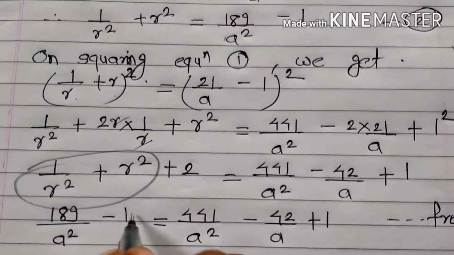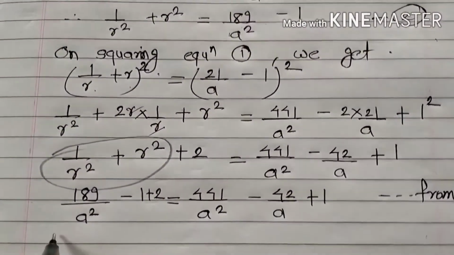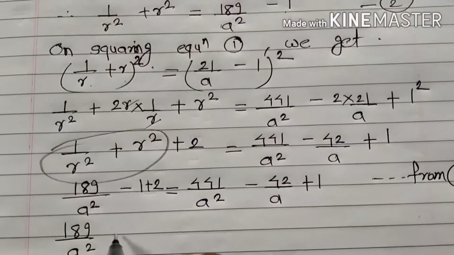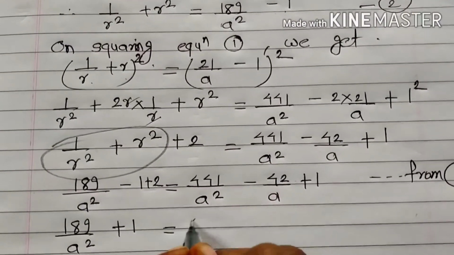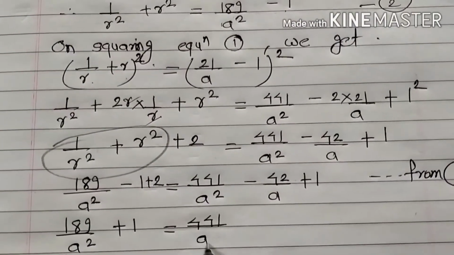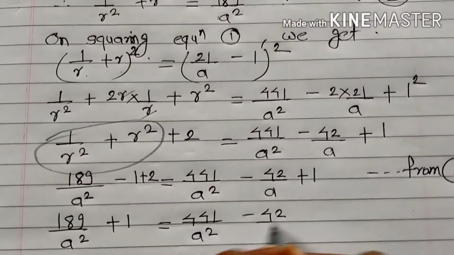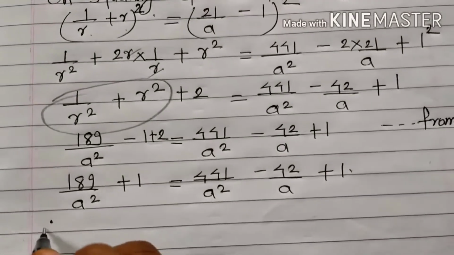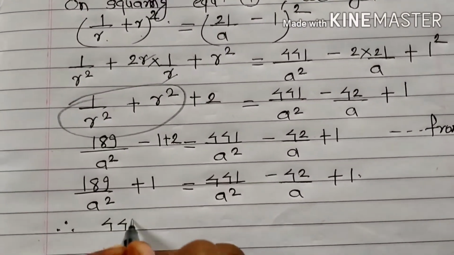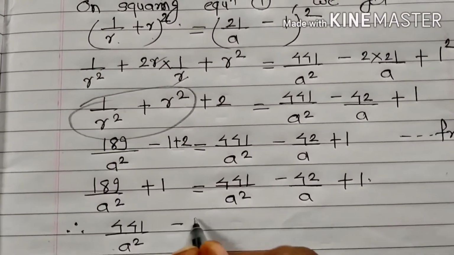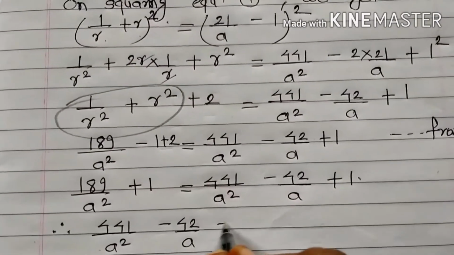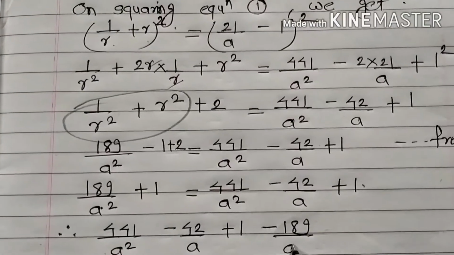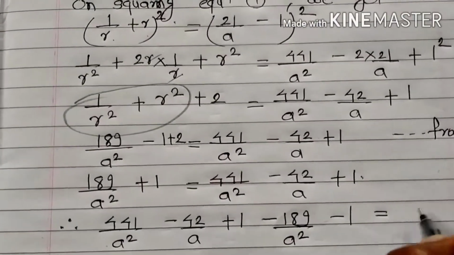And here is remaining plus 2. Okay. So 189 upon a square plus 1 is equal to 441 upon a square minus 42 upon a plus 1. Now collect all terms on one side. So we get 441 upon a square minus 42 upon a plus 1, and this term minus 189 upon a square minus 1, which is equal to 0.